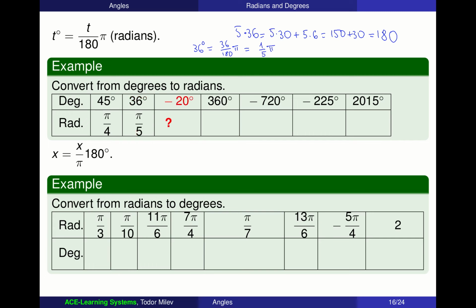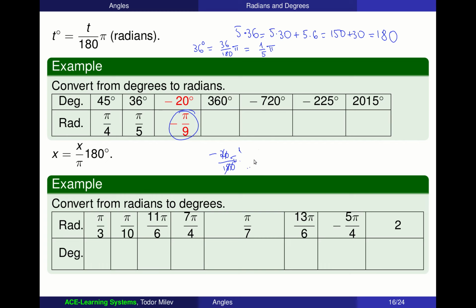Negative 20 degrees. What's that equal to? I'm sure you guessed it correctly. That is negative pi over 9. Why is that the case? Well, you take negative 20 and you divide it by 180. The 0 cancels. 2 divided by 18 is 1 divided by 9 times pi.